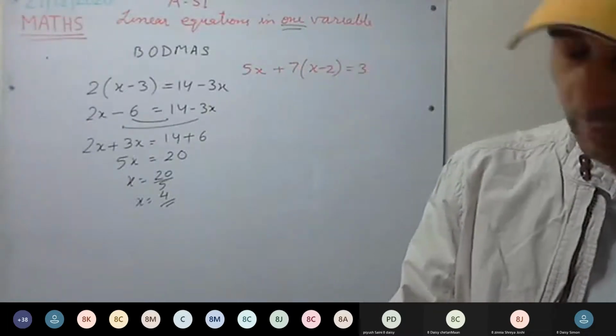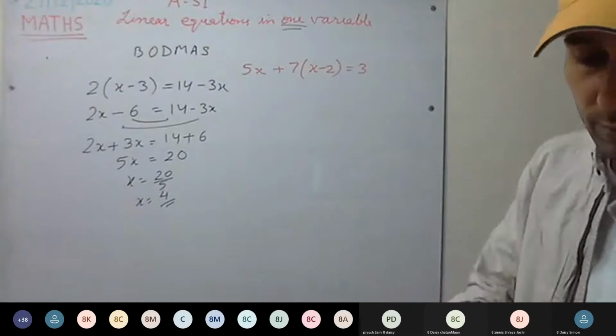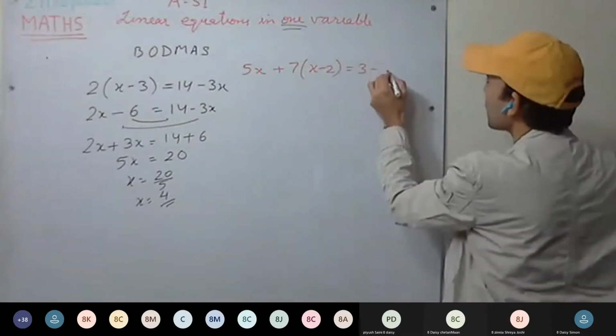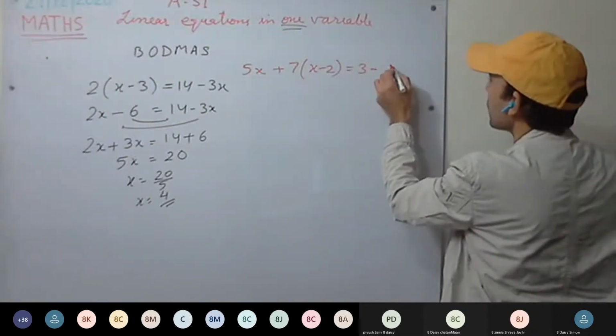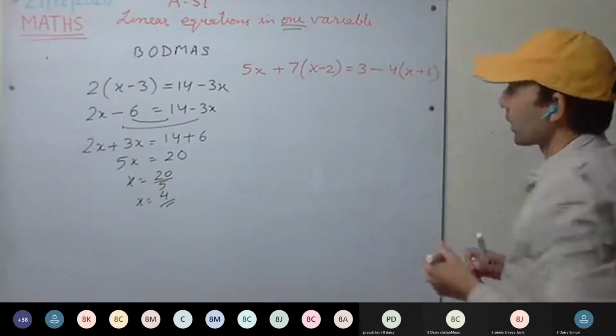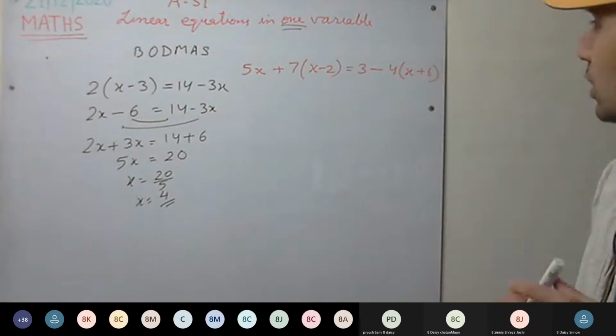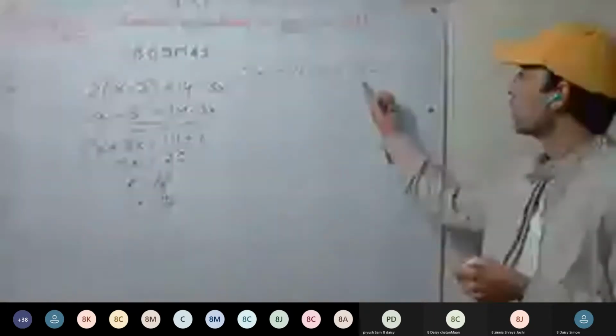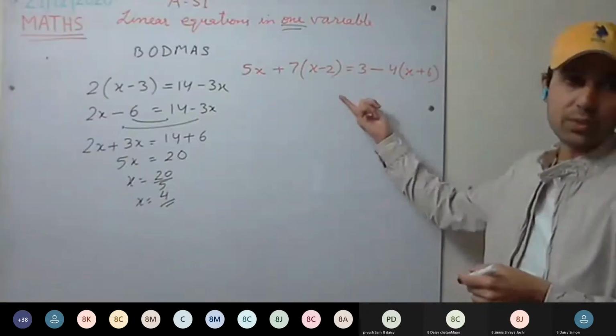The next equation is 5x plus 7(x minus 2) equal to 3 minus 4(x plus 6). Okay. Everyone got the answer?